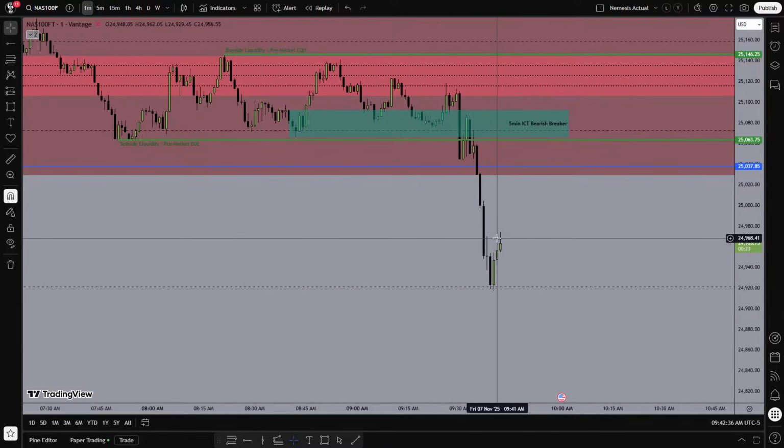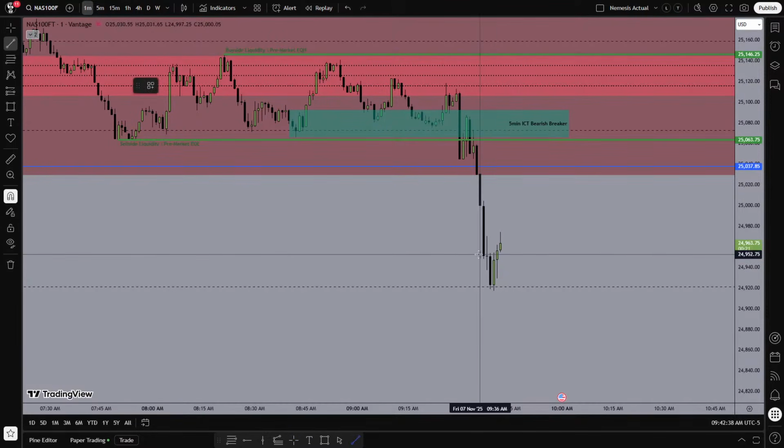This should act as like an institutional order flow entry drill mechanism.